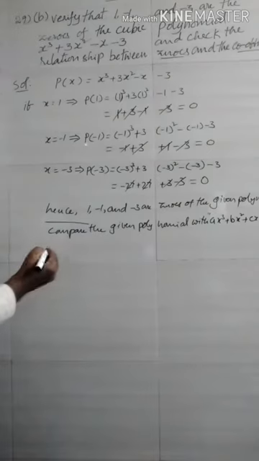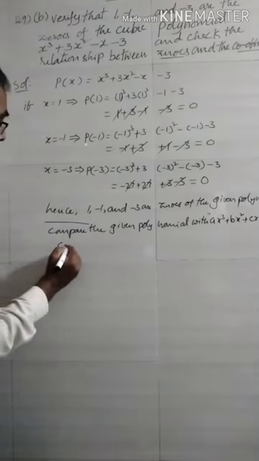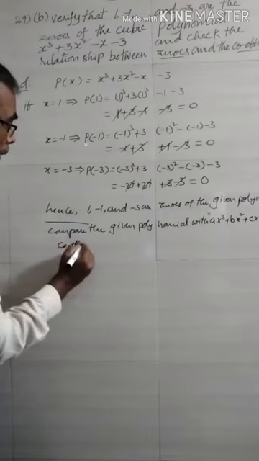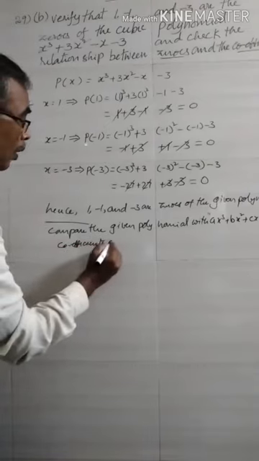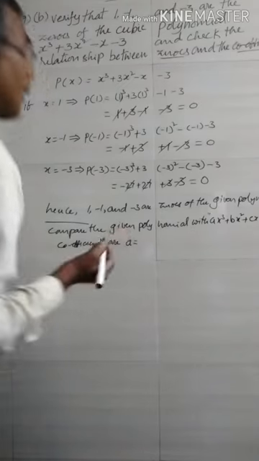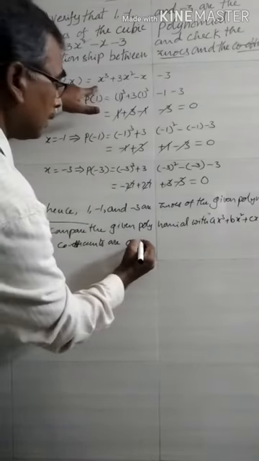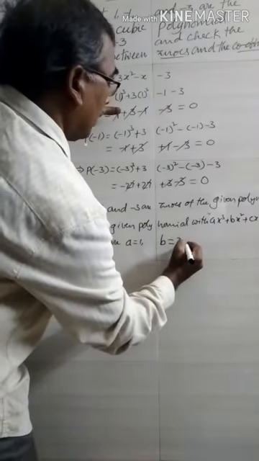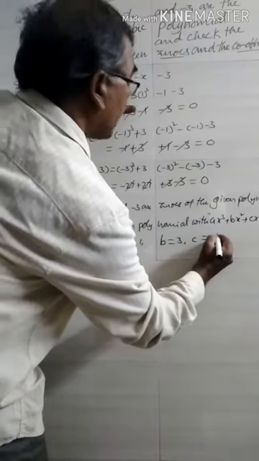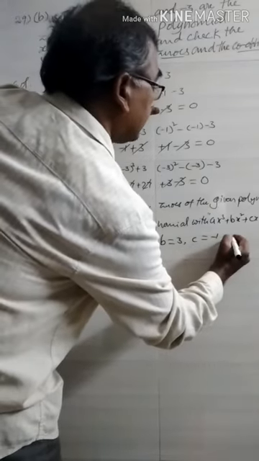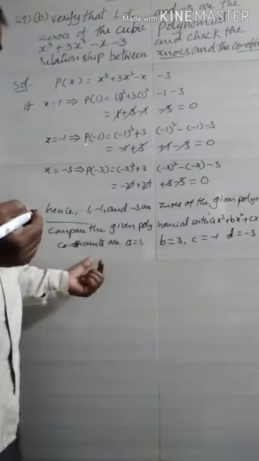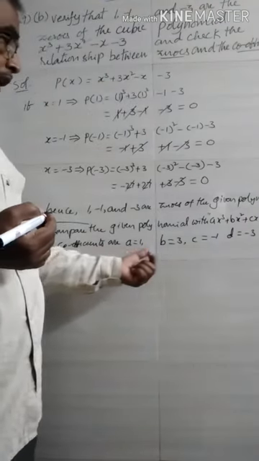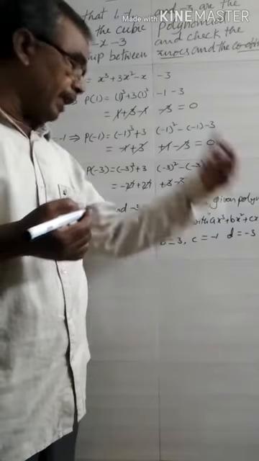What we may say? What are the coefficients here? Coefficients are a is equal to, what is a? 1. What is b? 3. What is c? -1. What is d? -3. That means the coefficients of the given polynomial are 1, 3, -1 and -3.